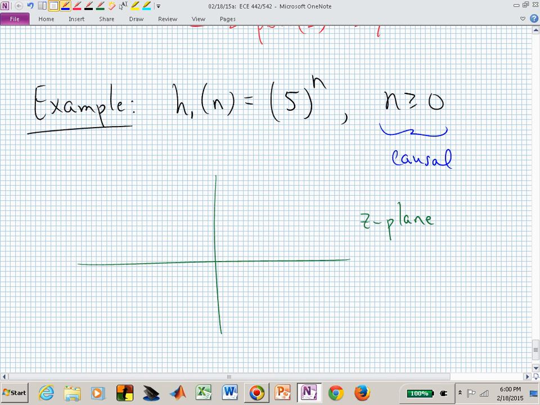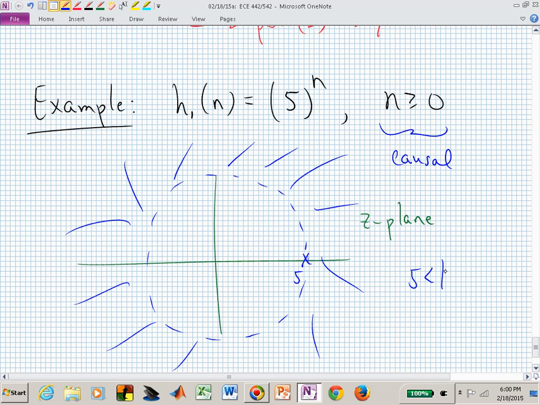If you took the z transform of this, where's the pole? It's at 5, isn't it? And our region of convergence is all of those values in the z-plane that have a magnitude bigger than 5 will allow that z transform to exist.